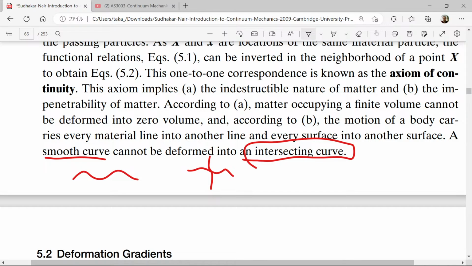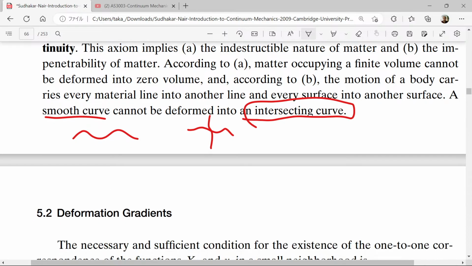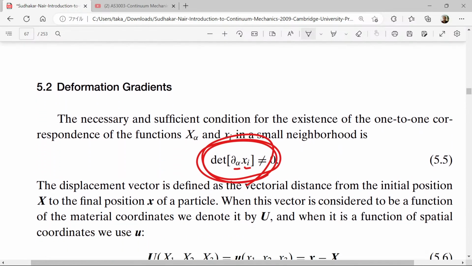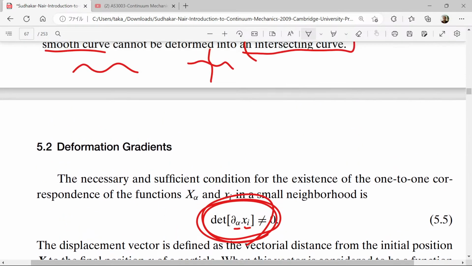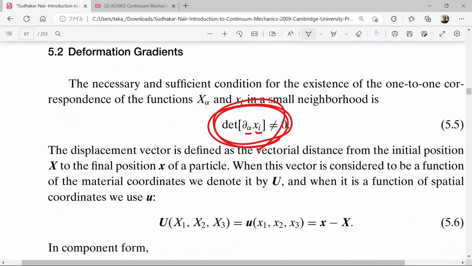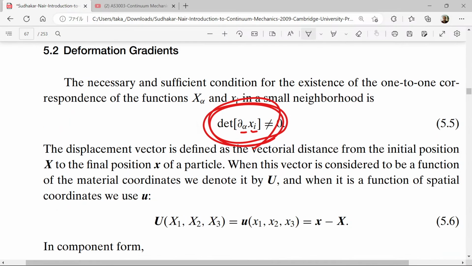We have to accept the axiom of continuity, and this is the outcome. This is a condition that we have to satisfy to accept the axiom of continuity.